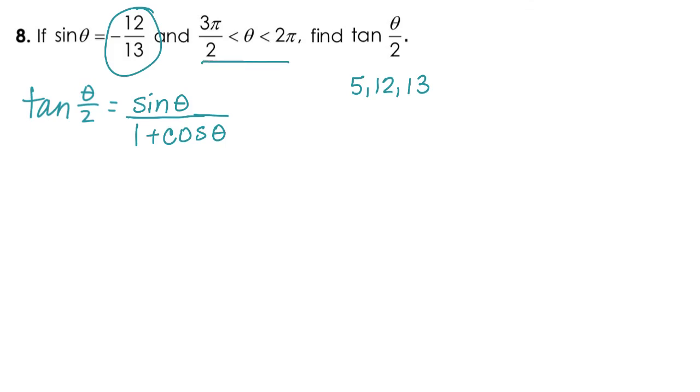And now you can go ahead and fill in tangent of theta over 2. Sine of theta is negative 12 over 13 over 1 plus, and so cosine is going to be 5 over 13.